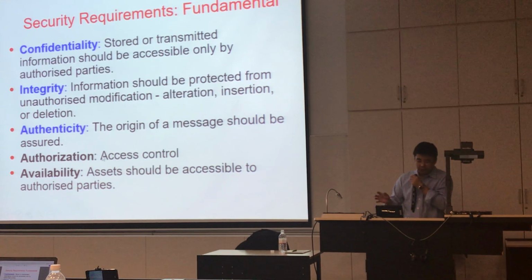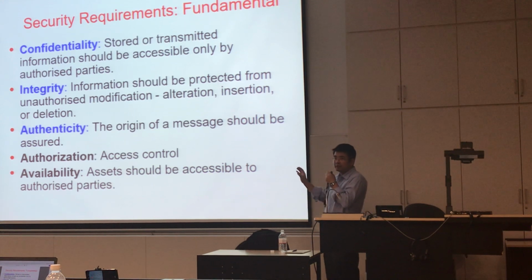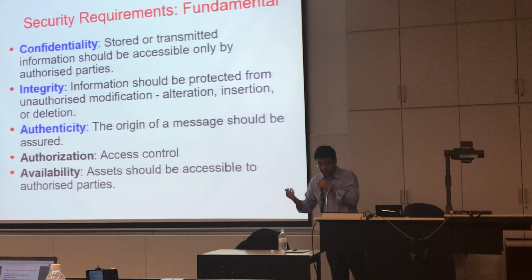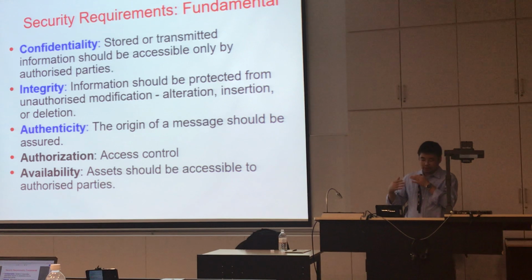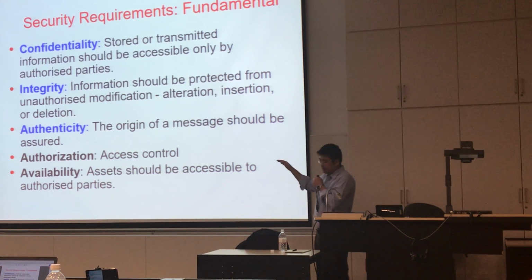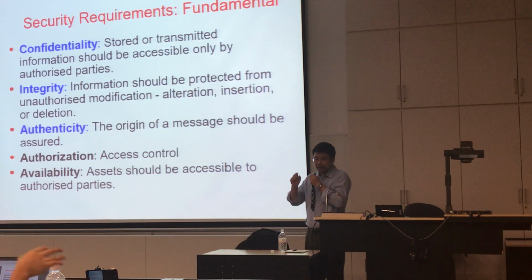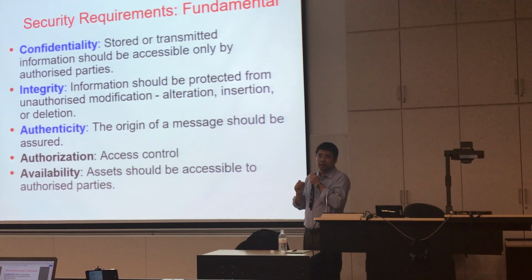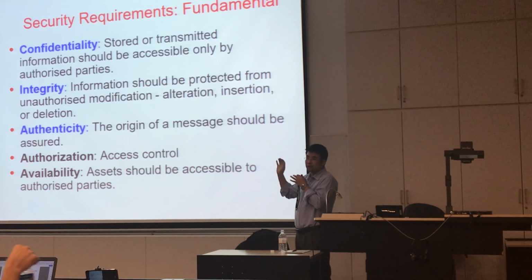If you study 262, you should know all the access control models, right? We have different access control models, like the access control list, ACL. We can also use the BLP model, the Bell-LaPadula model, and so on, right? So authorization is the main topic of 262. In this subject, we will only touch authorization in one topic, which is Kerberos, because Kerberos is an authentication and authorization infrastructure.